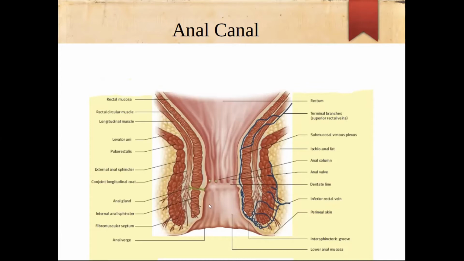It will be the inferior rectal artery. What does the lymph drain to here? The inferior mesenteric nodes, same as the rectum, and the internal iliac nodes.